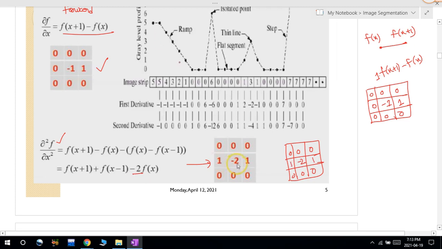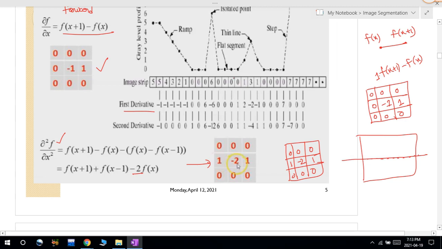And if you want to find the first order derivative, we will consider only a 1D signal, like only at one point, and then we will have different intensity values within the image.